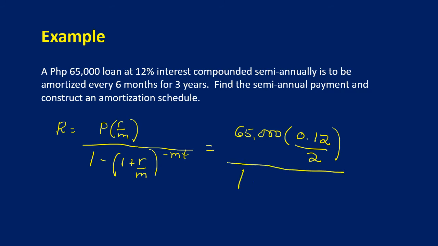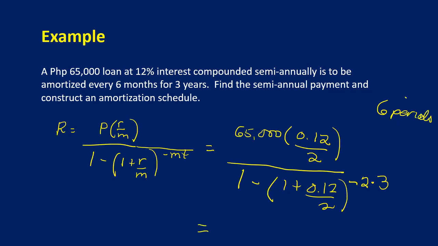All over 1 minus 1 plus again 0.12 over 2 raised to negative MT, M is 2, T is 3 years, meaning to say we have a total of 6 periods, right? So when we use our calculator, you will end up with 13,218.57. This is your regular payment R.